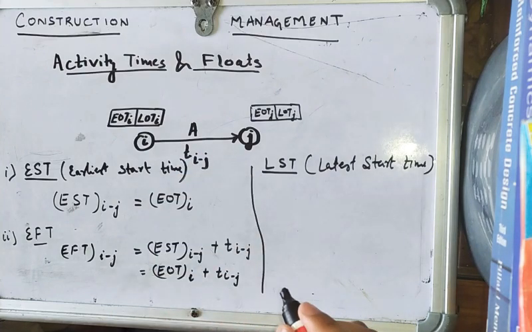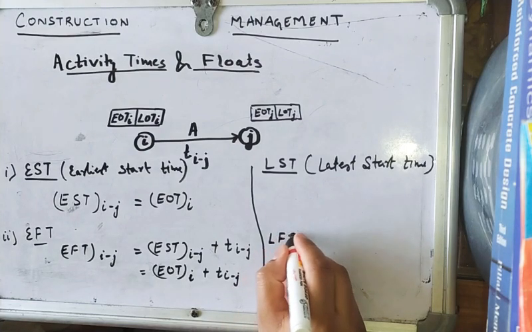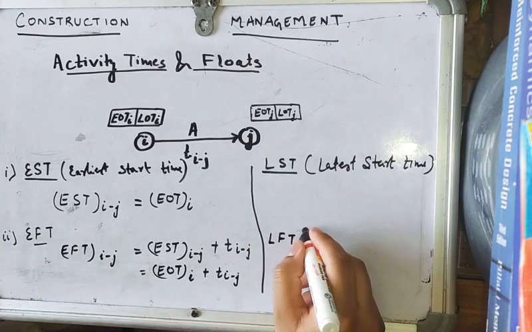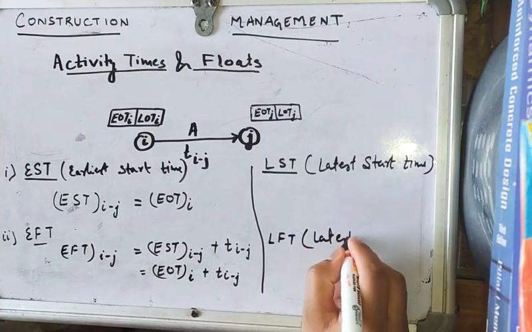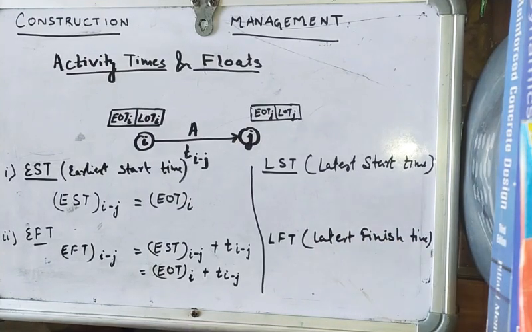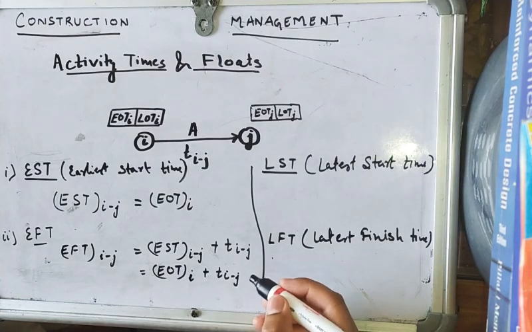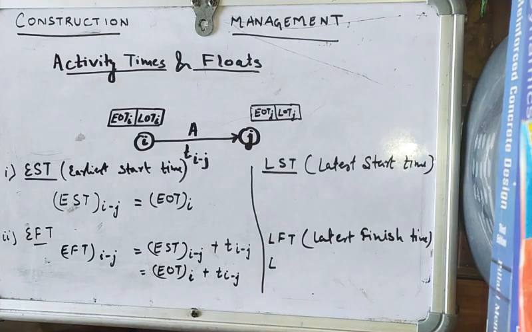And fourth is latest finish time. Latest finish time is the latest possible time by which an activity can finish. So before coming to latest start time, let us see what is latest finish time. This latest finish time is the latest possible time by which this activity A can finish.